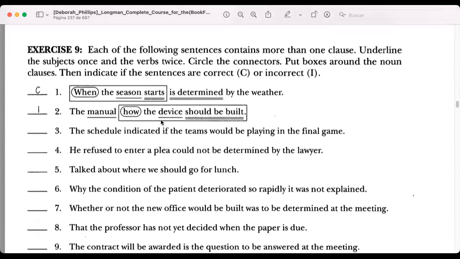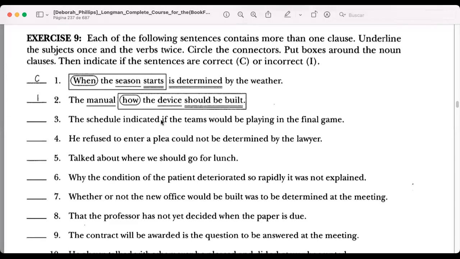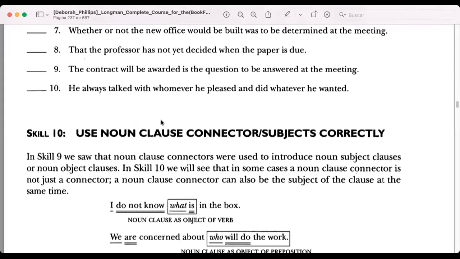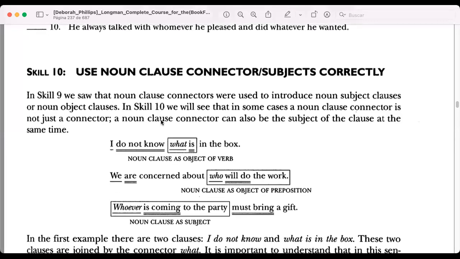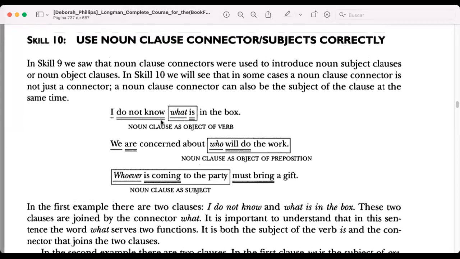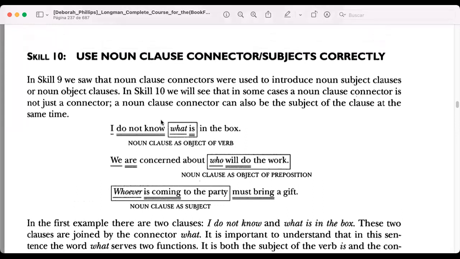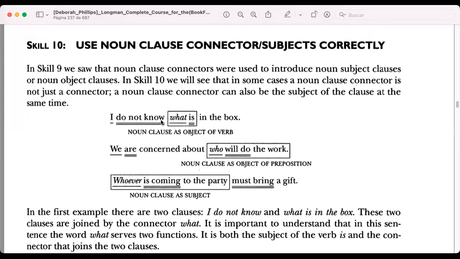We have this exercise if you want to take a picture. Ready, okay. And number 10 is... Very good. So if you want to take a picture here, Vale, skill number 10, okay?